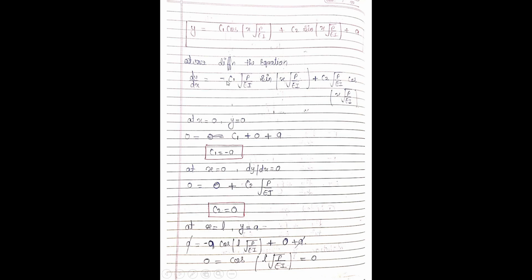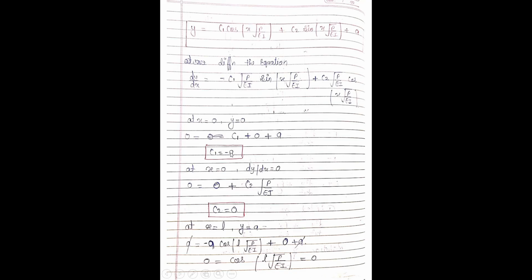As we know, at the fixed support from where the distance x is taken, the slope and deflection are both 0, meaning at x equal to 0, y equals 0. So if we write y equal to 0 and x equal to 0 in this equation, then we obtain c1 equal to minus A, the constant of integration.